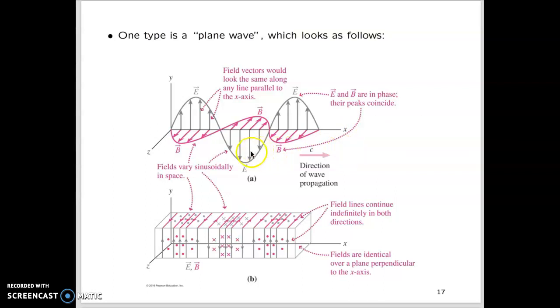Now that's just one moment in time. These are waves. Remember when we studied waves earlier in the course, we talked about the fact that you have a sinusoidal wave. So this is an example of an electromagnetic sinusoidal wave. The electric fields and the magnetic fields form these sinusoidal patterns, which tell you something about the magnitudes of these vectors.